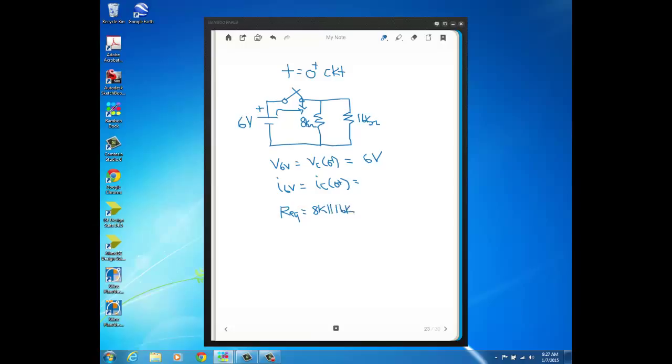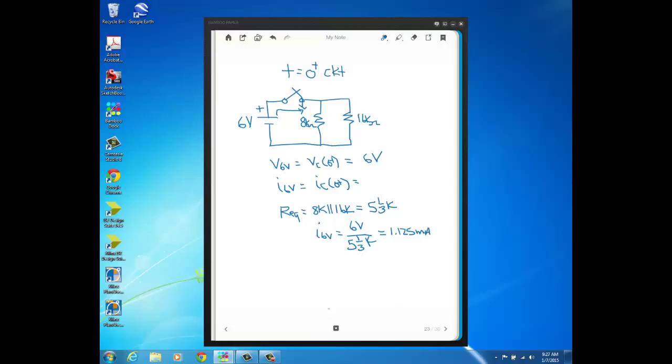If you do product over sum, you'll get that the REQ is 5 1/3 K. And then the current for the 6 volt source is just 6 volts divided by 5 1/3 K. If you work that out, that comes out to 1.125 milliamps.